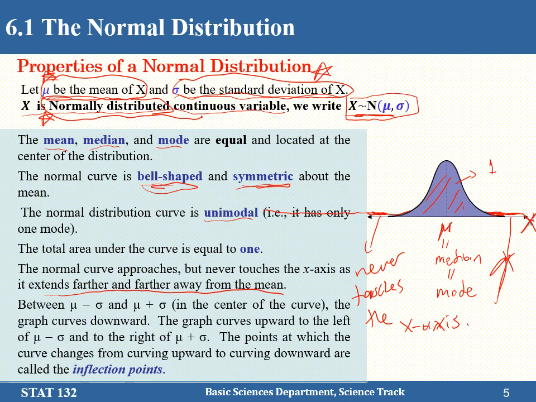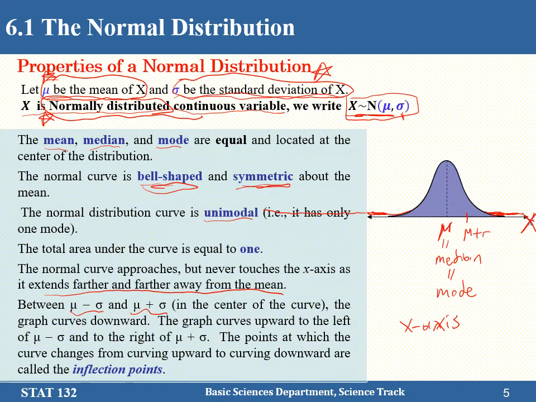One other property is between mu minus sigma and mu plus sigma. What is this sigma? Sigma is the standard deviation, just a number.